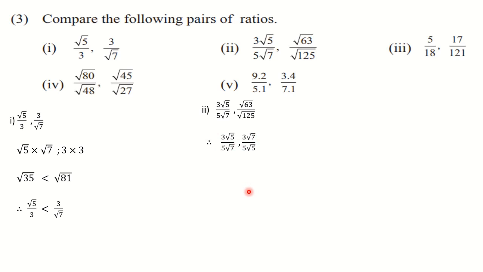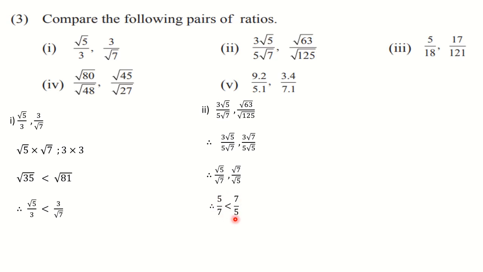Therefore we will be left with only root 5 upon root 7 and root 7 upon root 5. Now let us square it.